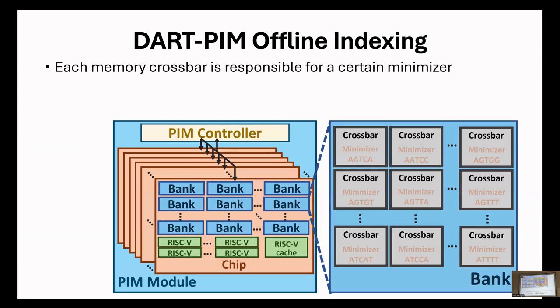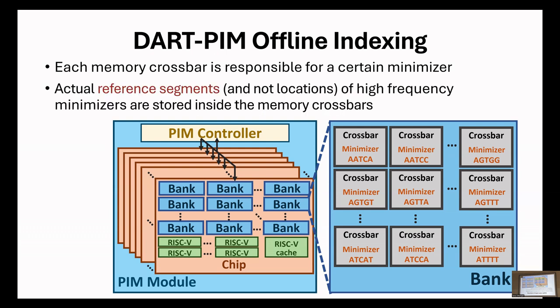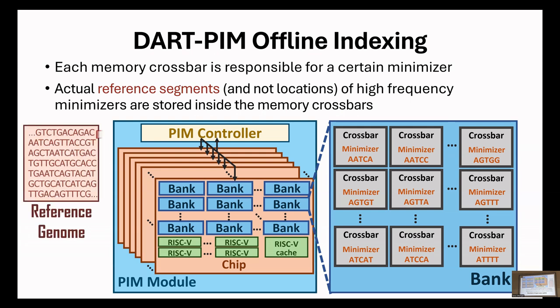What we are doing is we assign each crossbar to be responsible for a certain minimizer, and we save the actual reference segments inside the memory crossbars. Instead of saving the locations as the conventional approach, we save the actual reference segments.